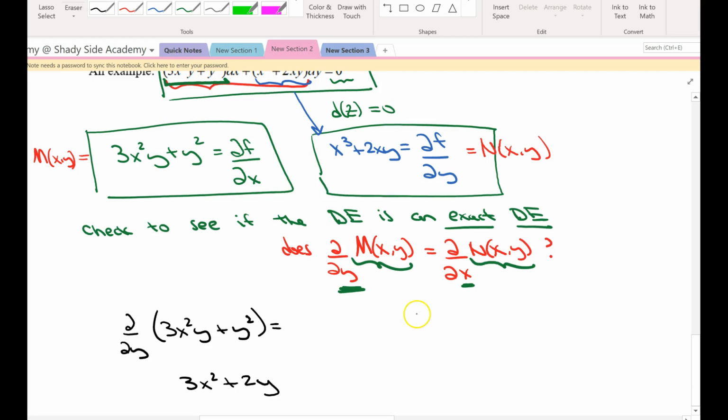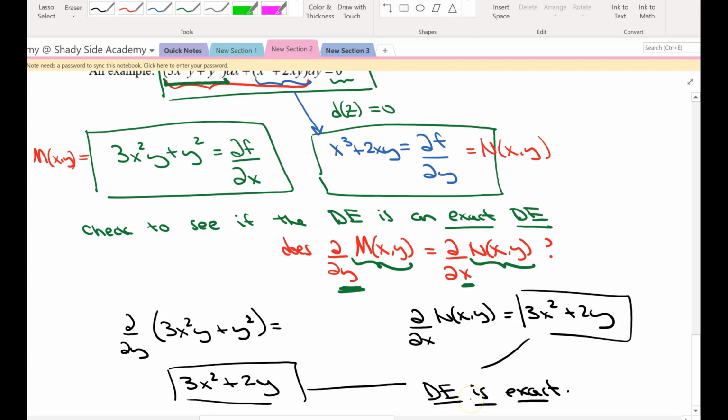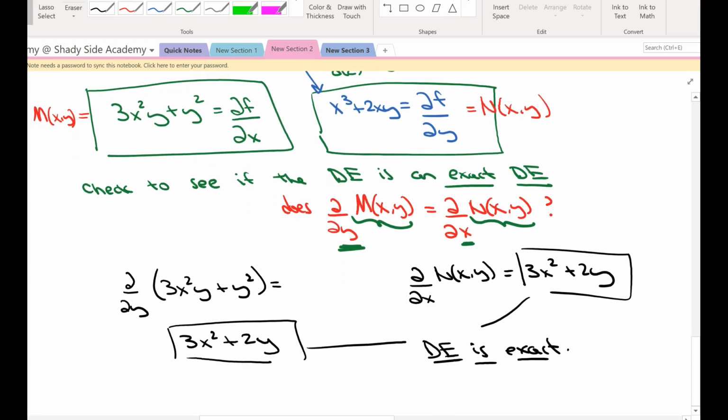And we're going to take the partial derivative with respect to x of the partial derivative with respect to y, and look what we get. The fact that these two are the same means the differential equation is exact. We can proceed. Here we go. Here is what we're going to do.